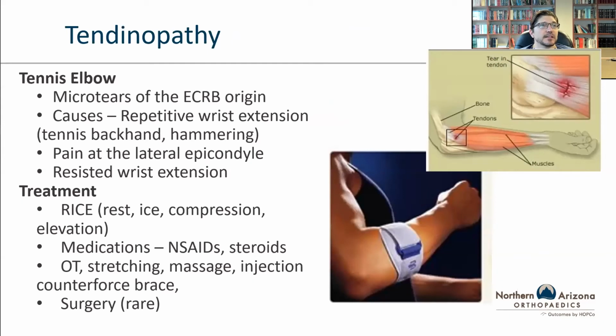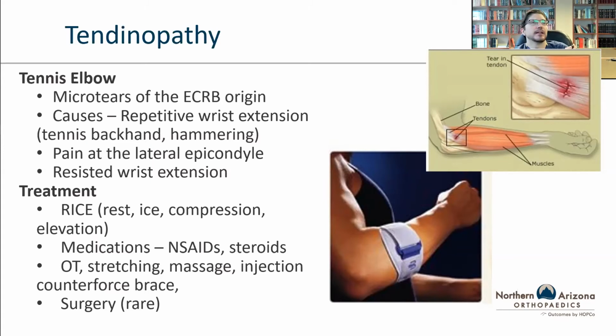Tendinopathy, specifically tennis elbow in the form of lateral epicondylitis, is caused by very small micro tears, as shown in that cartoon on the right, of the tendon origin of the muscle called the extensor carpi radialis brevis. And this can be caused by repetitive actions like a backhand swing in tennis or repetitive hammering.